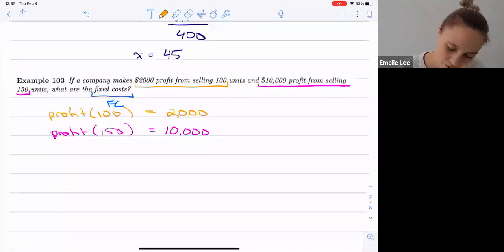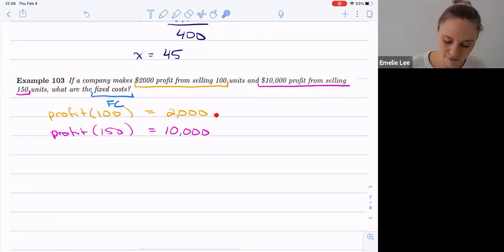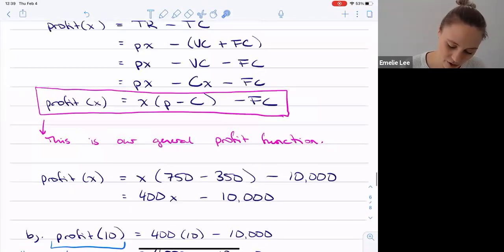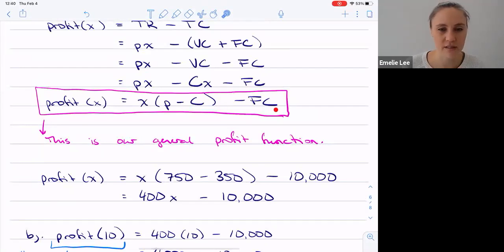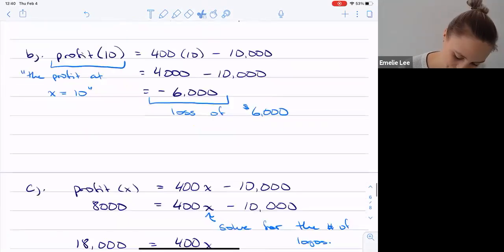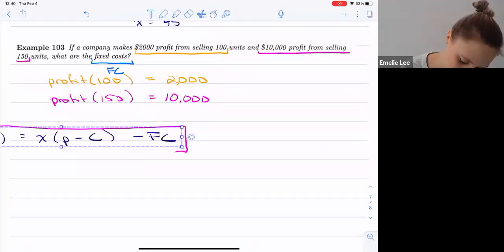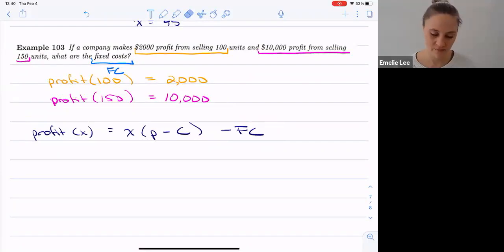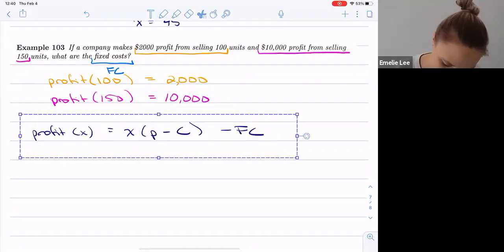So what we can do is set up these profit functions, and let's use that general profit function that we developed earlier. I'm going to cheat. I'm just going to copy this. And maybe I'll put it properly on the line here.